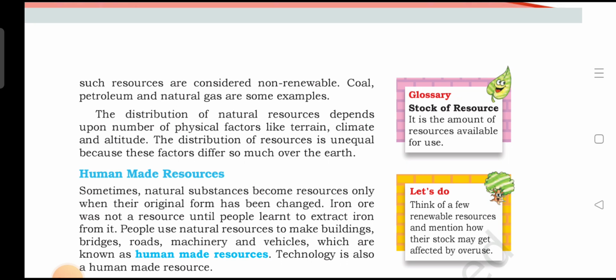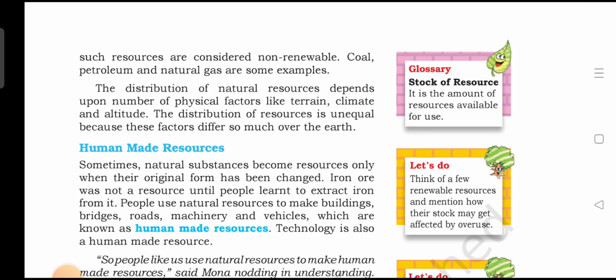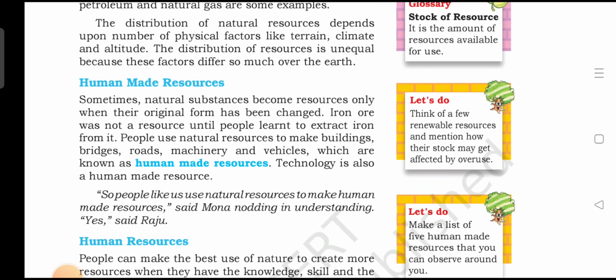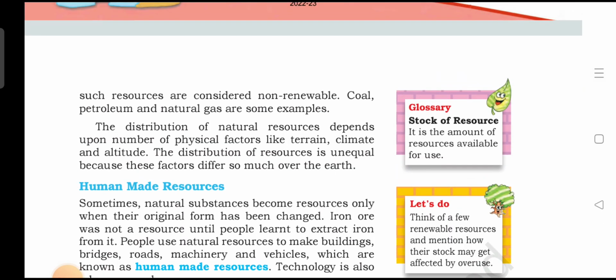Okay, stock of resource is the amount of resource available for use. Okay dear students, so today we have studied renewable and non-renewable resources. But I will also teach you actual and potential, and also the other two, abiotic and biotic resources. I will teach you because I know that the old version has these two concepts also, and I think you should know these concepts. But the NCERT new edition has removed these parts. So dear students, it's better that you don't focus on them much for exams, but you should definitely know these terms.